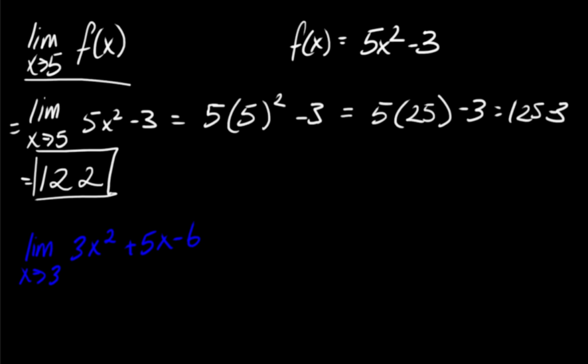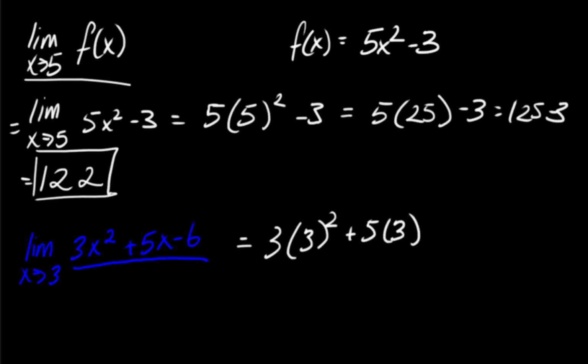Alright, so now we're going to try to solve this. In this case, we know that 3x squared plus 5x minus 6 is our function, or we can call it f of x, g of x, h of x, whatever. And the way we're going to solve this is, you guessed it, substitution. So we can directly substitute it in: 3 times 3 squared plus 5 times 3 minus 6.